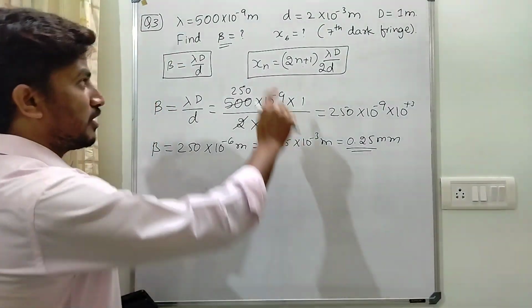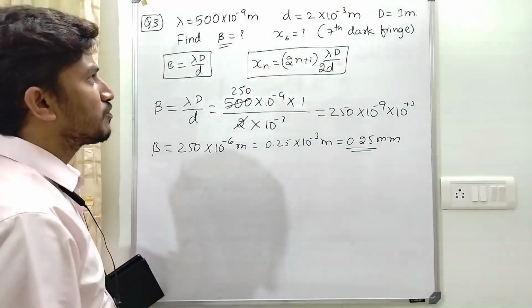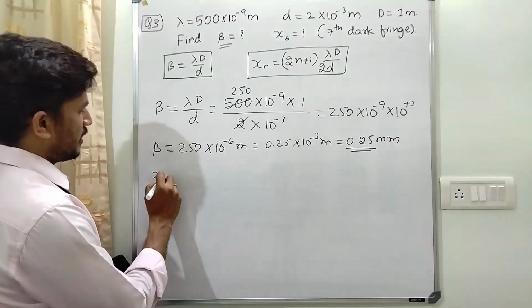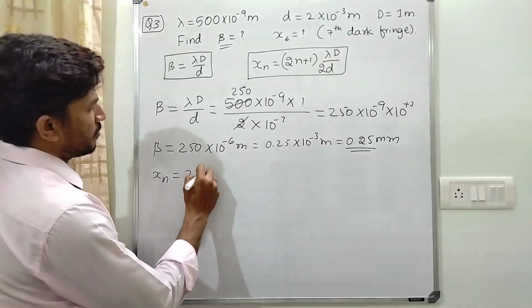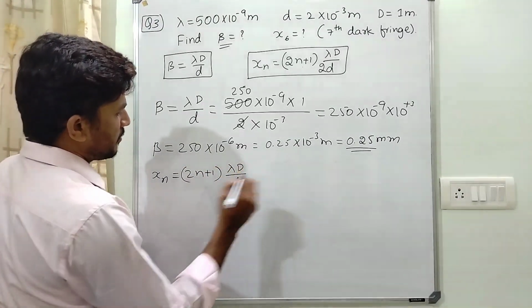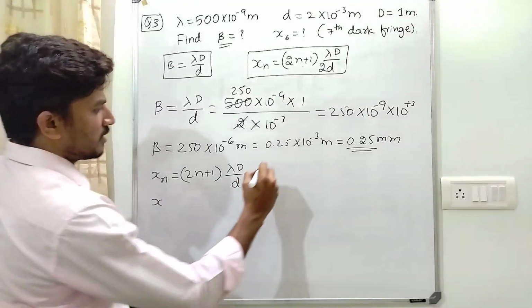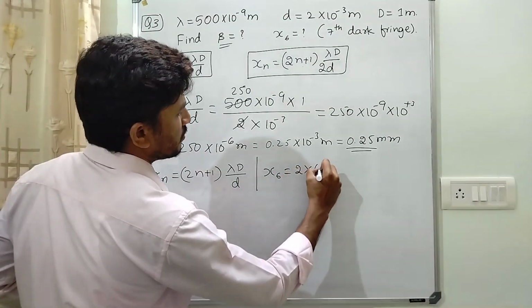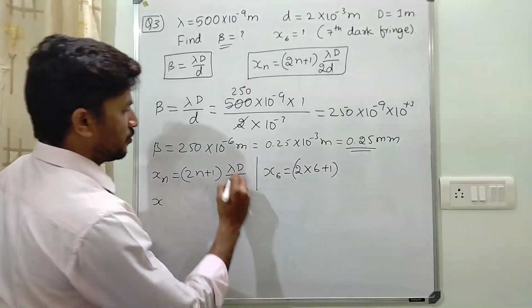Now we also have to find out the distance of the seventh dark fringe. Let me take that formula. x_n is equal to (2n plus 1) lambda D divided by 2d. So x6 I'll write here. x6 is equal to (2 into 6 plus 1) into lambda value.